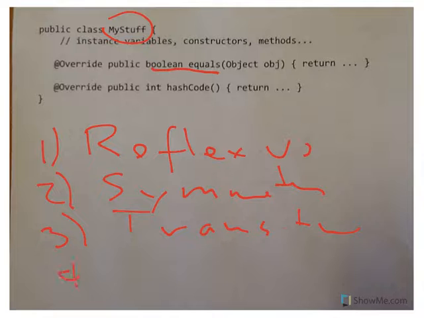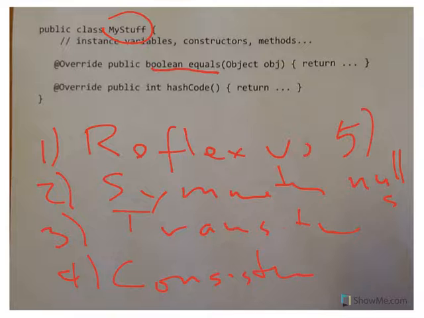So it means that if we call equals for the first time and we get the objects to be equal, then we should get equal again after we call them again. Yeah, and there's actually a property about null values too. If the object passed is null, then it should return false.